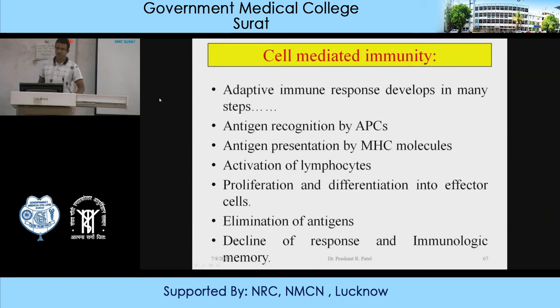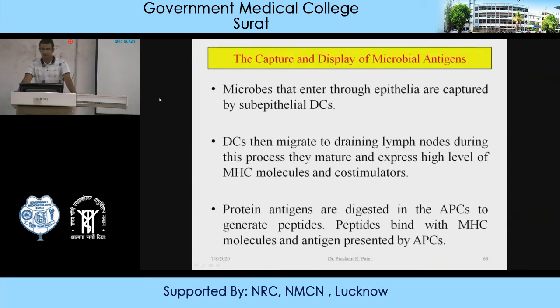First is capture and display of microbial antigen. Microbes that enter through epithelia are captured by subepithelial dendritic cells, known as Langerhans cells. This dendritic cell then migrates into the draining lymph nodes. During this process, they mature and express high levels of MHC molecules and co-stimulators.